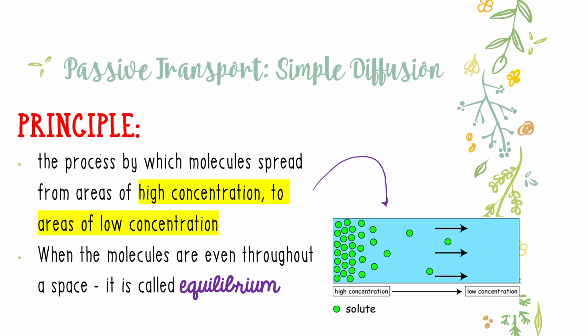So ganyan lang po yung simple diffusion nyo. Sadyang it is able to just diffuse, just to spread out, going from a high to a low concentration, trying to even out all areas in our body. Kung saan man kailangan mag-reach dapat ng equilibrium.